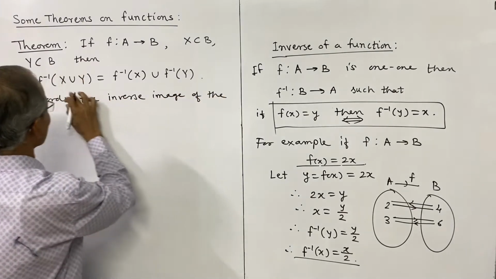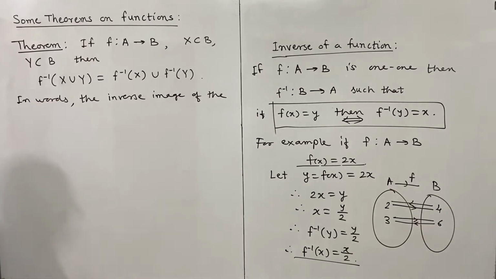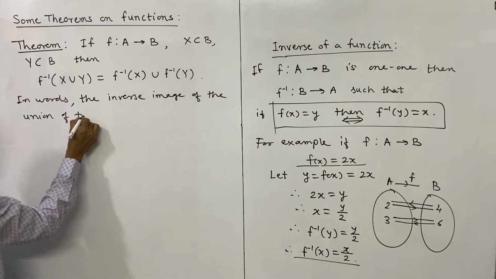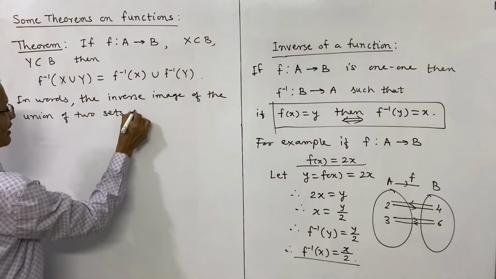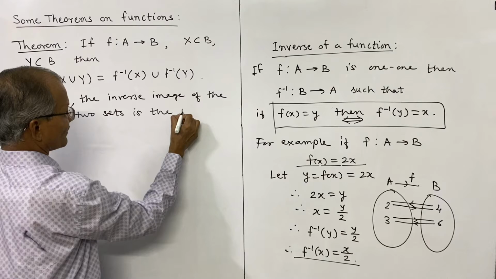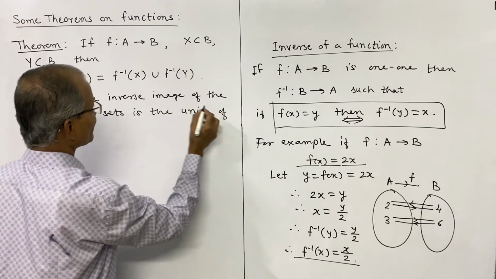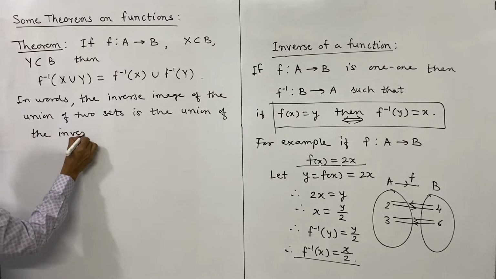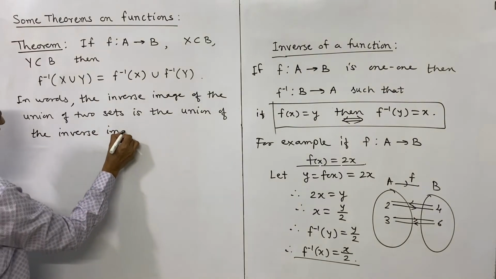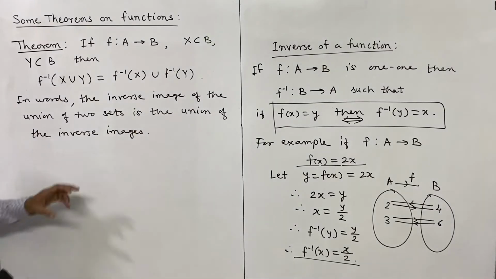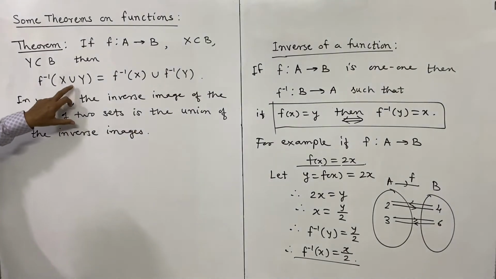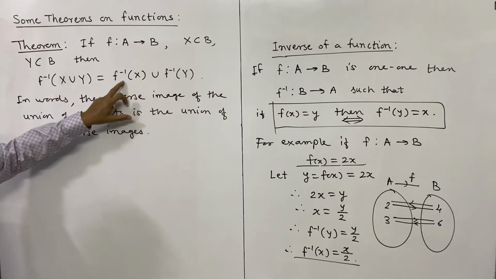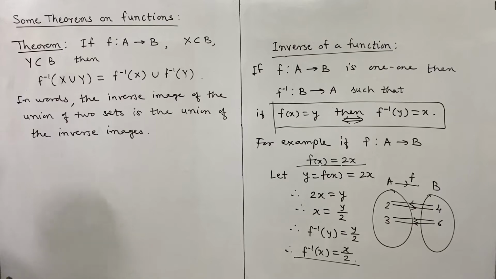The left side is the inverse image of the union of two sets, and it is equal to the union of the inverse images. See, f inverse of X union Y means the inverse image of the union of two sets is equal to the union of the inverse images of the sets.